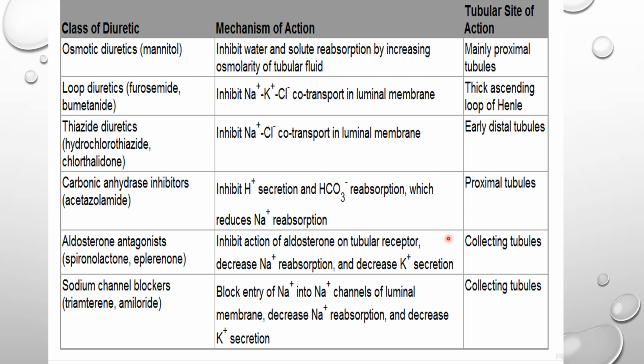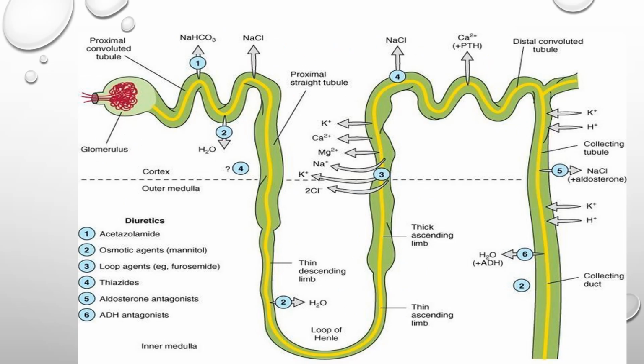That decreases the sodium reabsorption and the potassium secretion. Sodium channel blockers act on the collecting ducts and block the entry of sodium into the sodium channels. That decreases the sodium reabsorption and also the potassium secretion. So these are the different areas where the diuretics act.